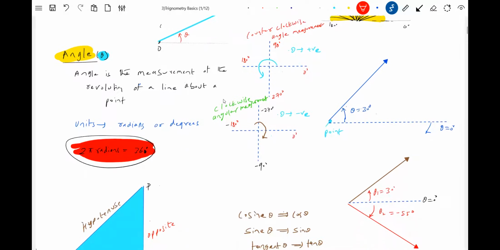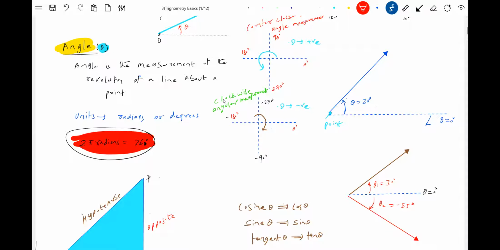We'll go for this one. Now look at these 2 arrows here. This particular line is along the 0 degree line. So I rotate it by 55 degrees. So how much is it now? Minus 55 degrees, you have to write it.